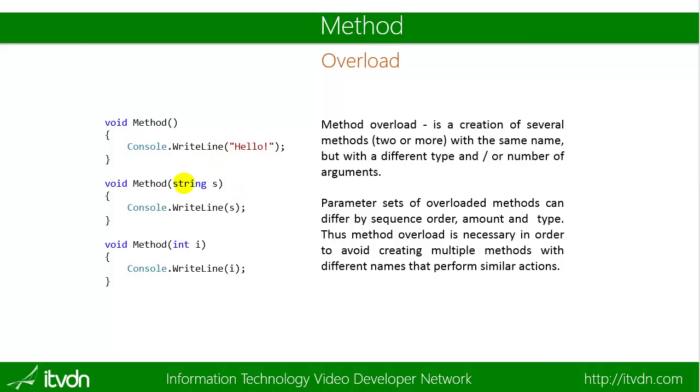When you change their type, you have another method. Even when you have one string here and string and int there, you have two different methods because here you have two parameters and here you have one. I'll show you that in a moment, so let's go to the next slide.